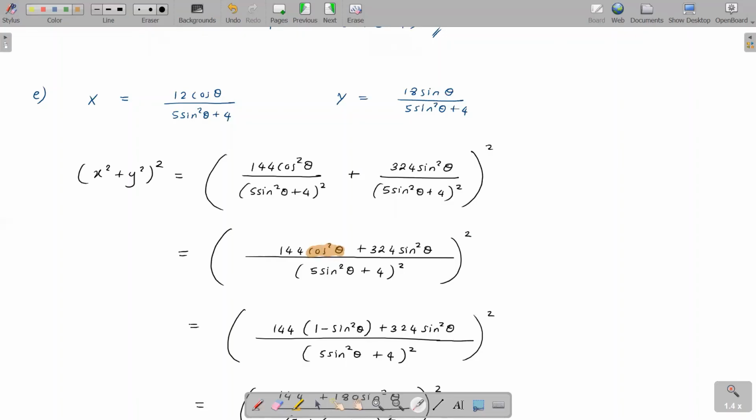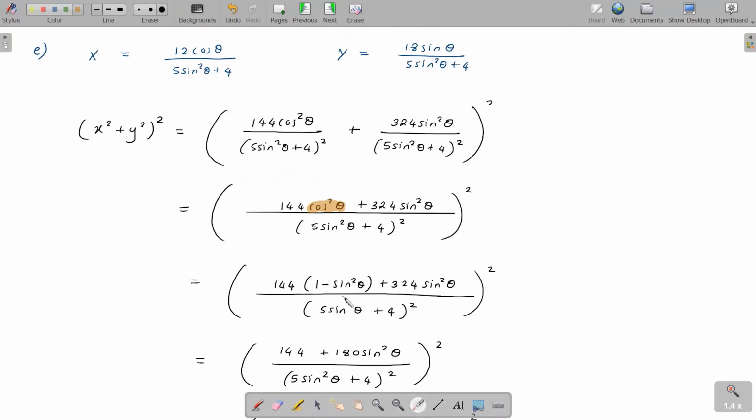Okay, so in that case, what I'm trying to do is, I can see there is a sin square in the denominator. So if I can get my numerator also completely in sin square, I might have a chance of simplifying this in an easier manner. So I replace the cos square with 1 minus sin square and then we open the bracket with 144. 144 into 1 is 144 minus 144 sin square plus 324 sin square.